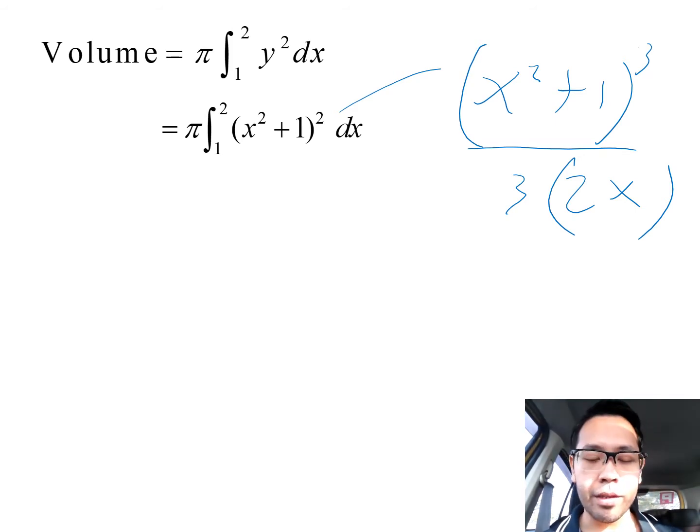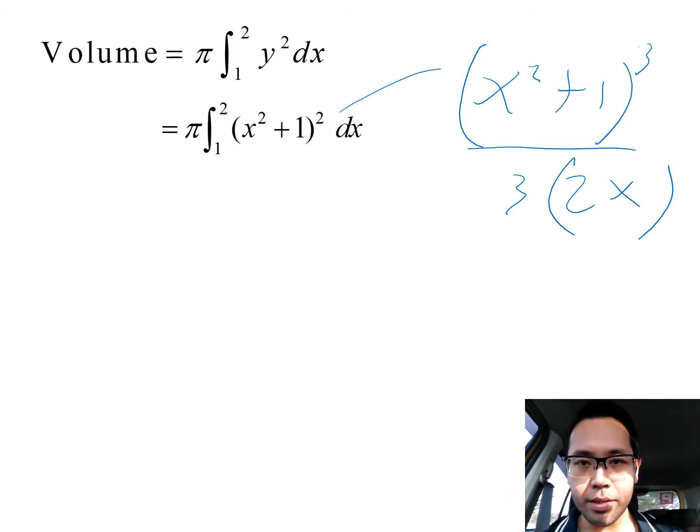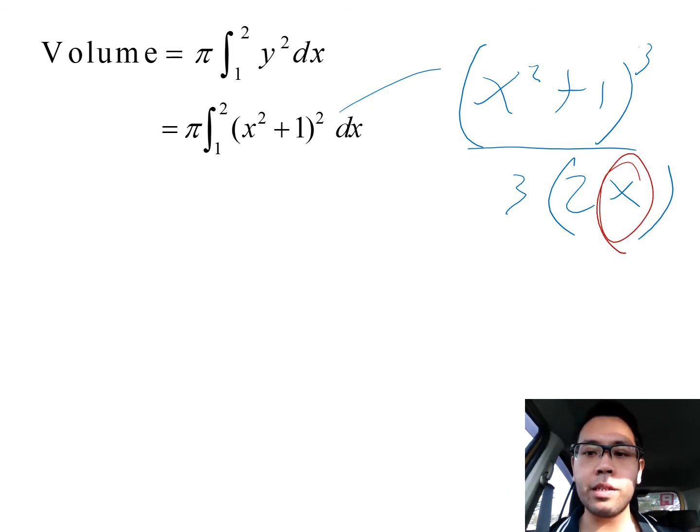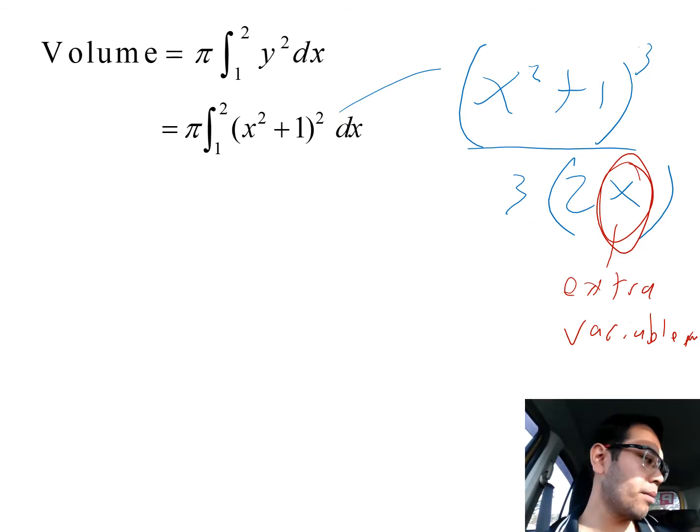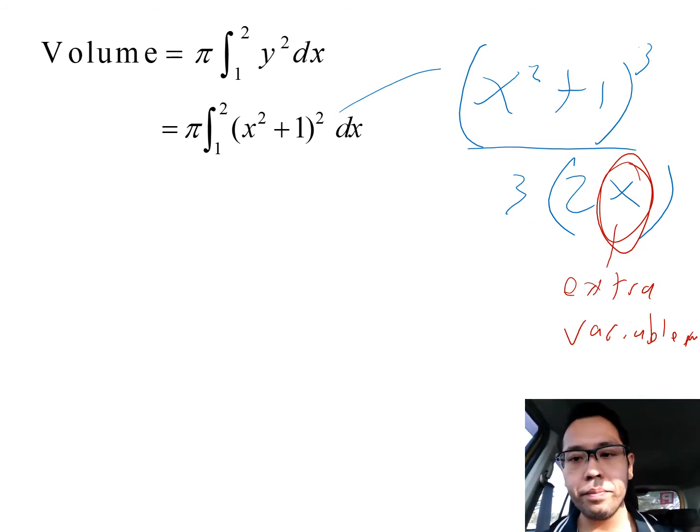I want you to look very carefully. Class, can I have your attention. This is the wrong answer, because you have generated an extra variable. We don't want to generate an extra variable. An extra constant is fine, but an extra variable is not.